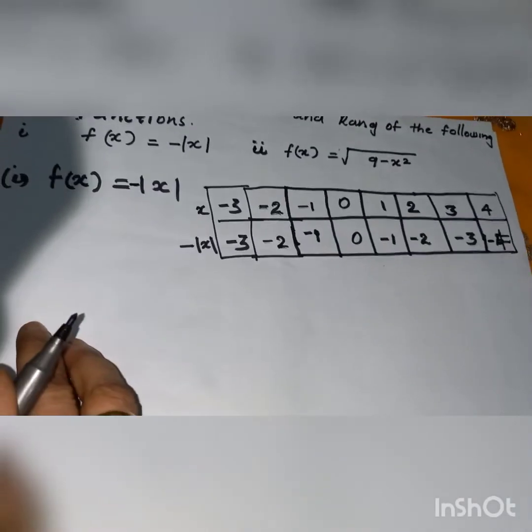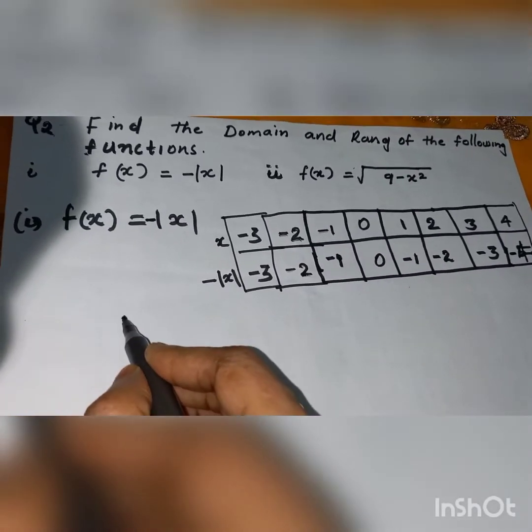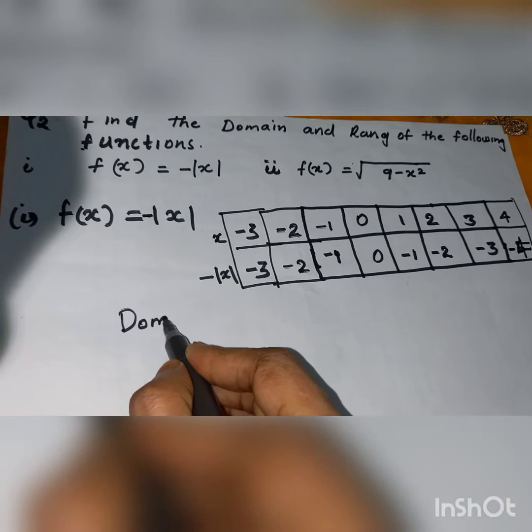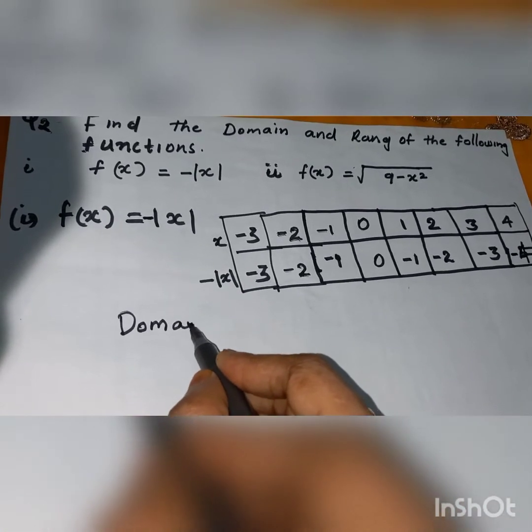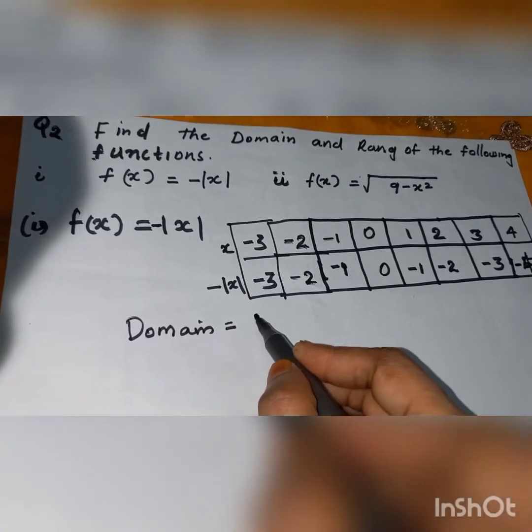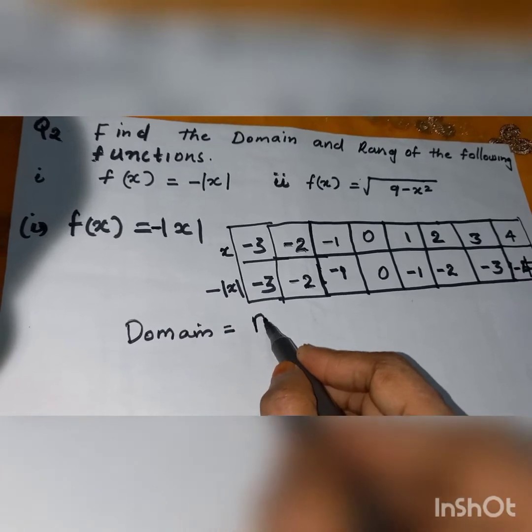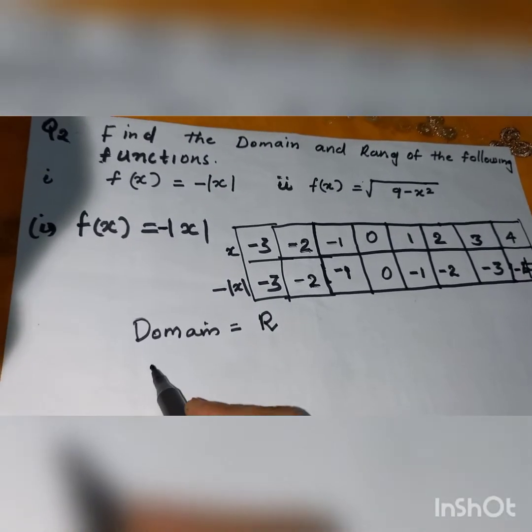So while writing the domain, how will you write it? Domain is equal to real numbers. What is the range here?